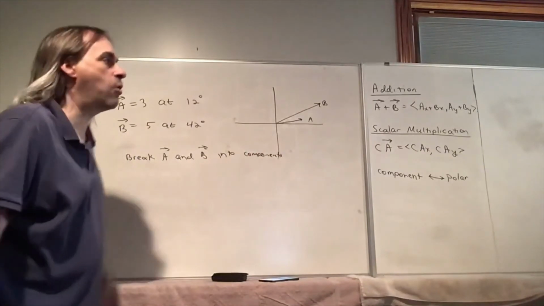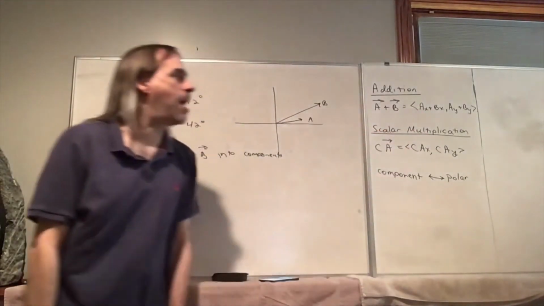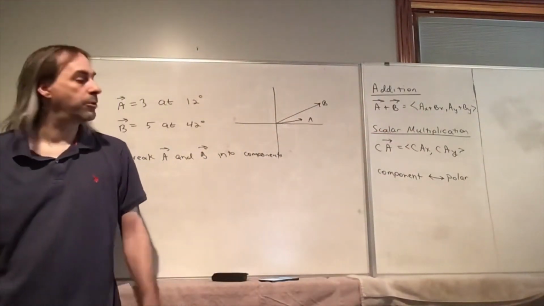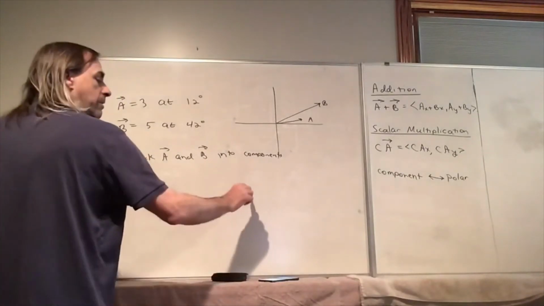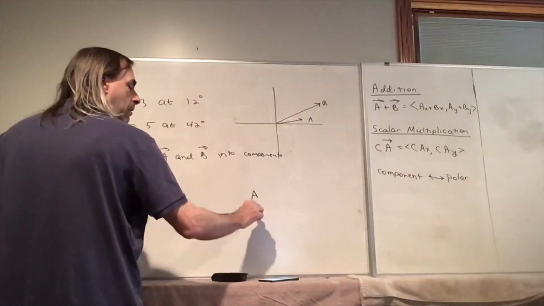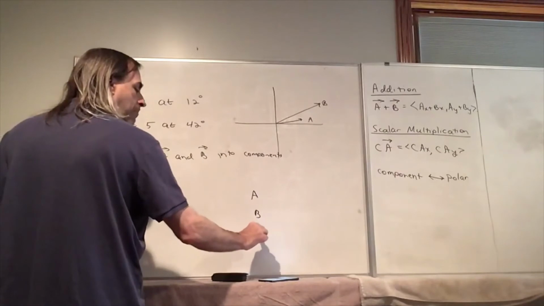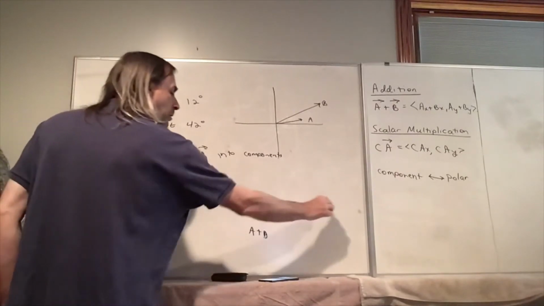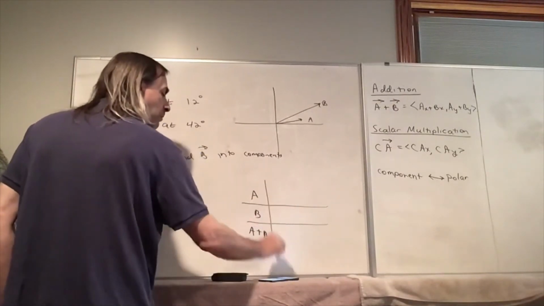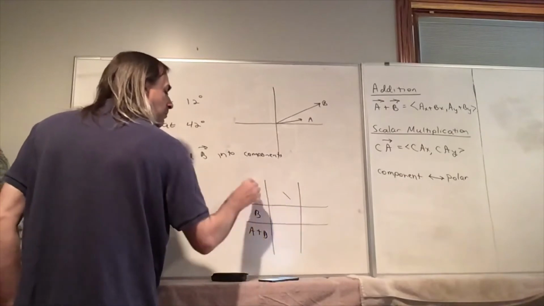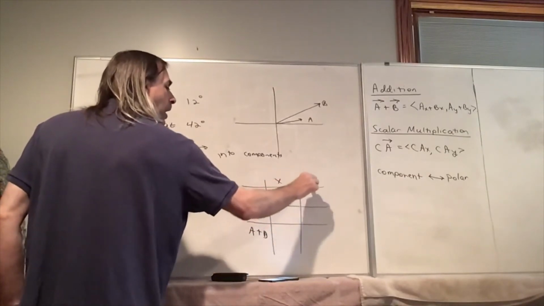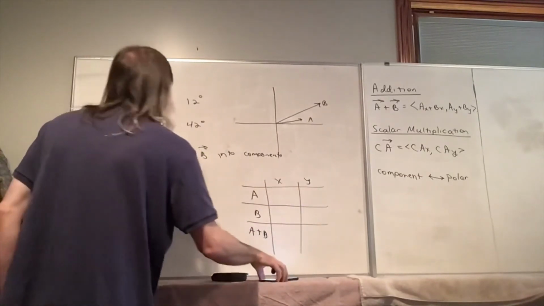And once you're in component form, you can see adding them up is going to be the easiest thing in the world. You can often collect it as a graph, like say vector A, B, and A plus B. And then you have an X and a Y component for each. Why don't we actually do this one?